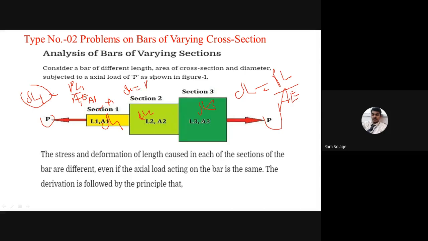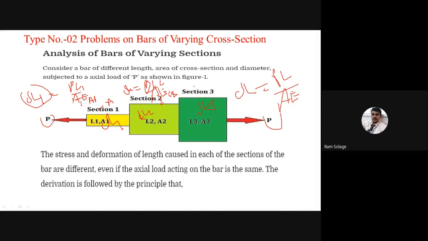Similarly, we can calculate delta L2. Same formula, PL upon AE, but P is common. Instead of L we take L2, and instead of A we take A2. Suppose section 2 is made of cast iron, so we take E for cast iron, E of CI, which is a value given in the problem.